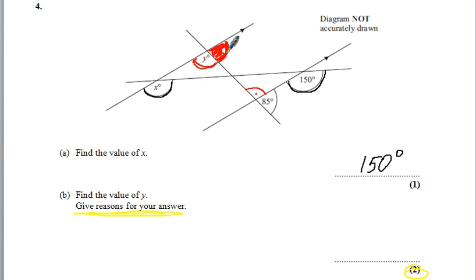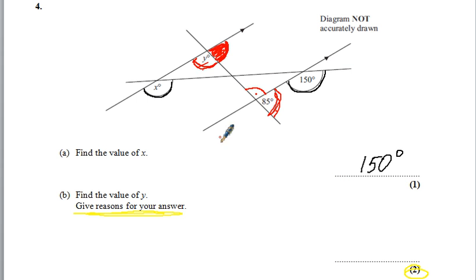This angle and 85, they are corresponding angles. And then this angle and y form a straight line. So it doesn't matter whichever way you prefer. If you work with this angle, make sure you state the reasons: alternate angles and angles at a straight line add up to 180. If you're going to use this angle, then you say that 85 and this angle are corresponding angles, and then you use the straight line.